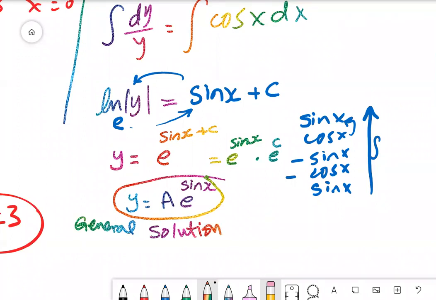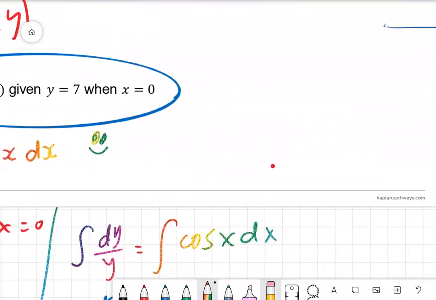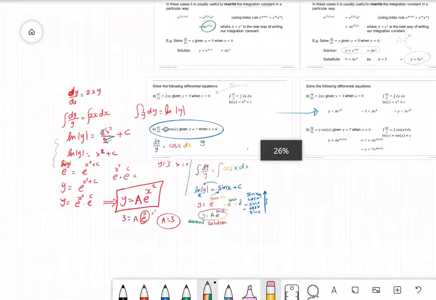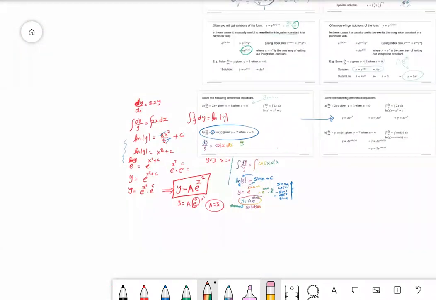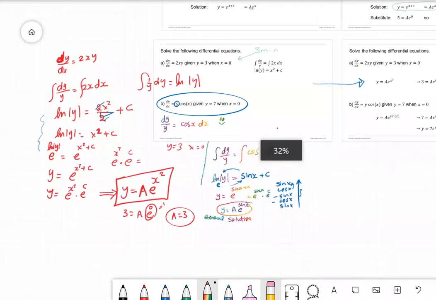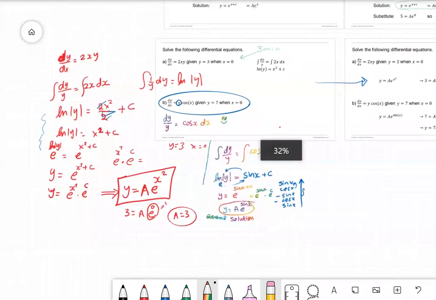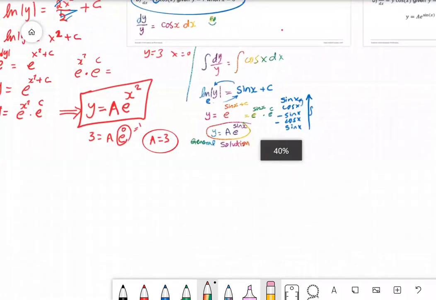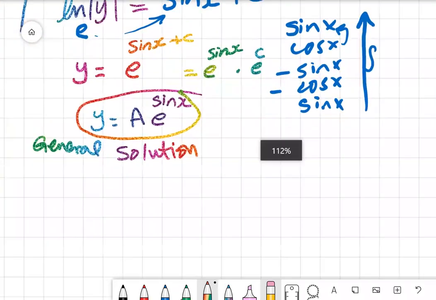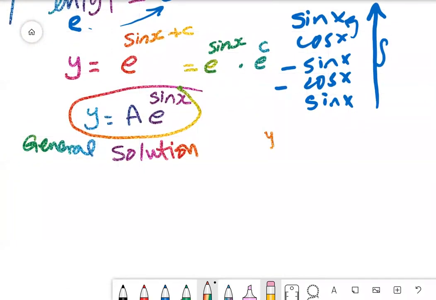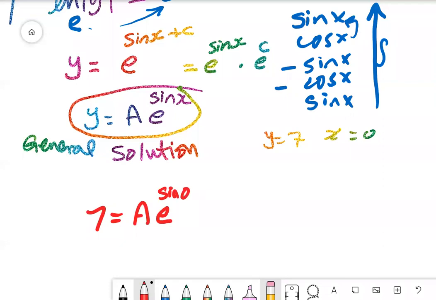Okay. Did they give us specific values to substitute? Yes: y equals 7 when x equals 0. So we just substitute the values now. When x equals 0, then 7 equals a e to the power sine 0. You remember the sine wave, like this.